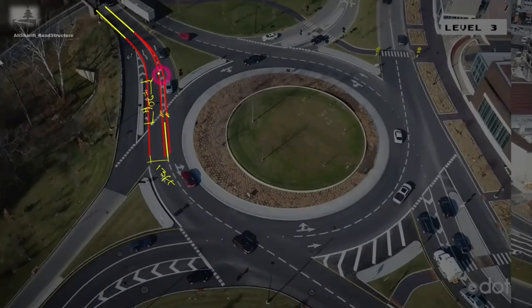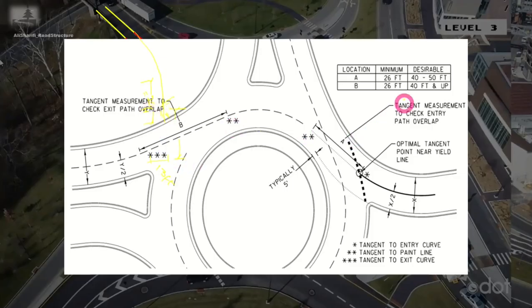Now you draw the center line curve, and normally in this case the center line curve would end up around the yield line. In this case, you will also need to check the length of this tangent portion, and it should normally be more than 26 feet as a minimum. It's desirable for the length of this tangent portion to be between 40 to 50 feet.